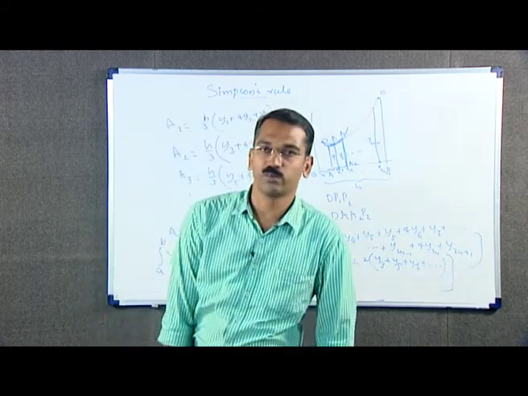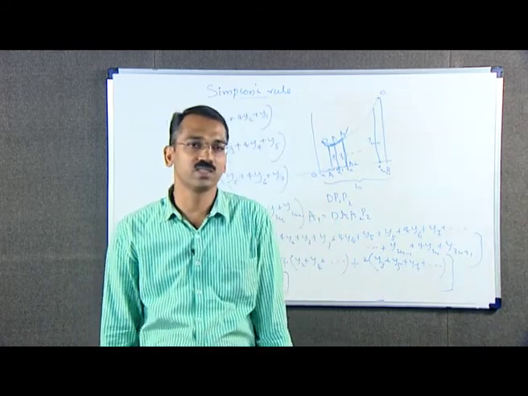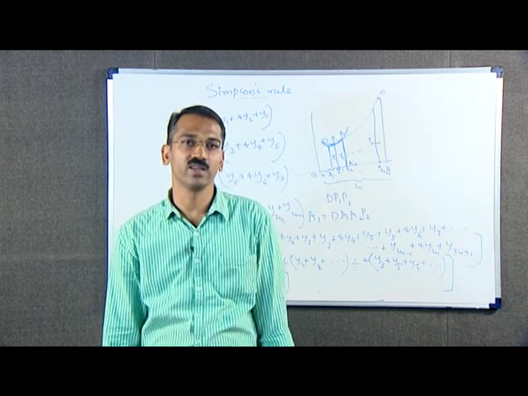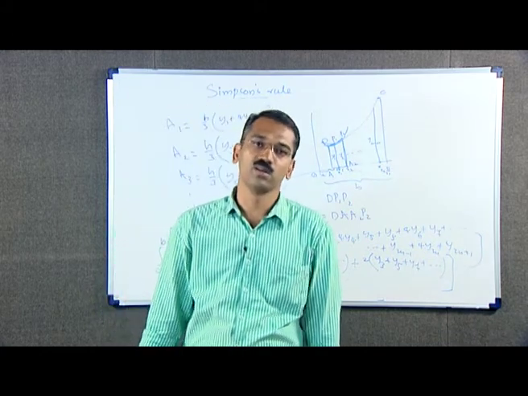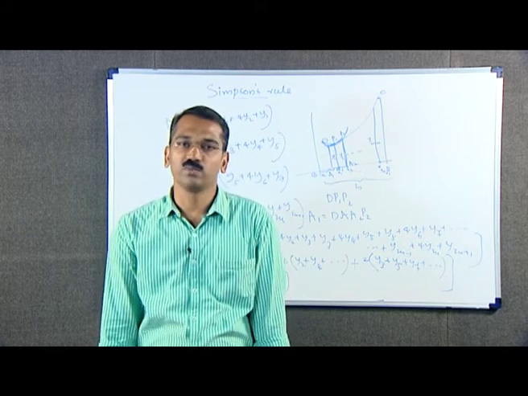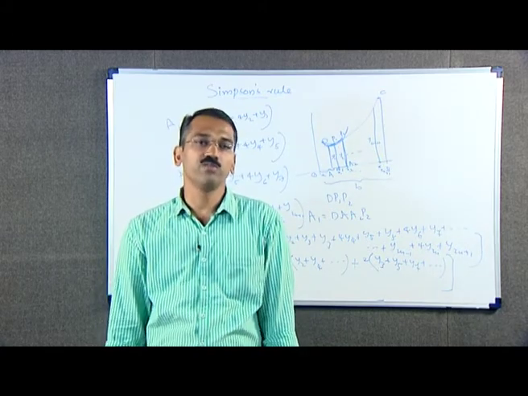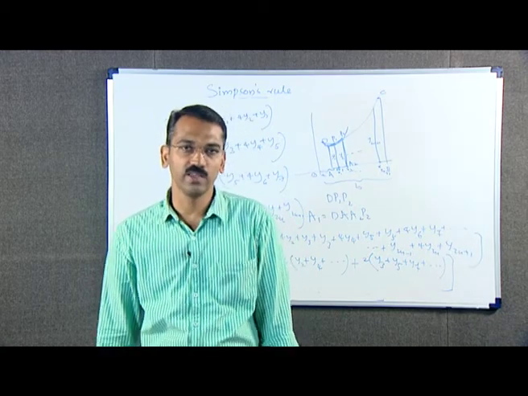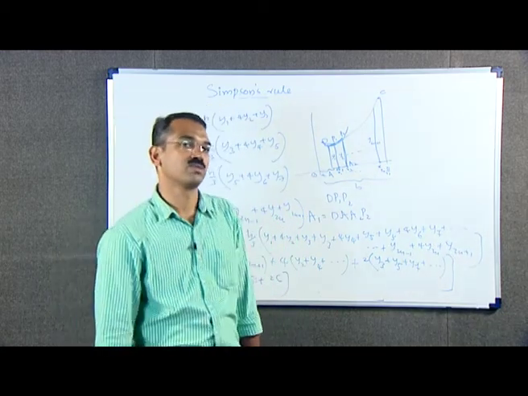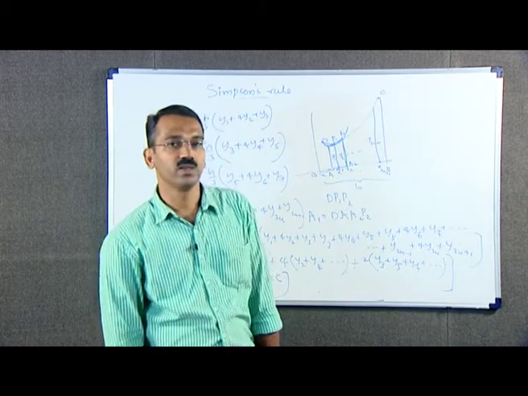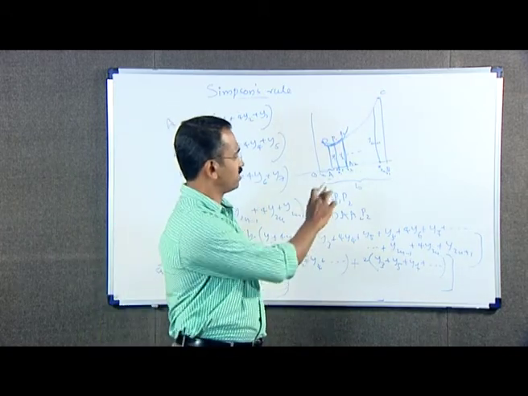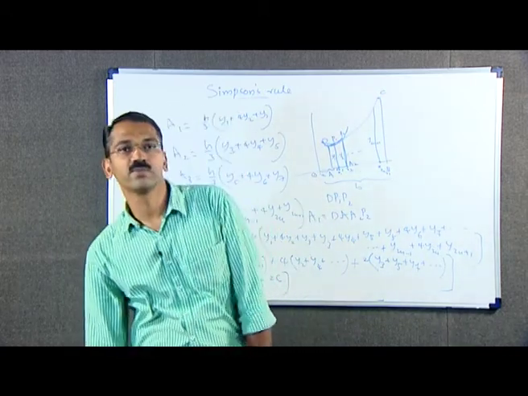Simpson's one-third rule approximates the area of two adjacent strips by the area under a quadratic parabola. This rule has been obtained by adding the strips in pairs. We have to divide the figure into an even number of equal strips, so that there will be an odd number of ordinates for the division.